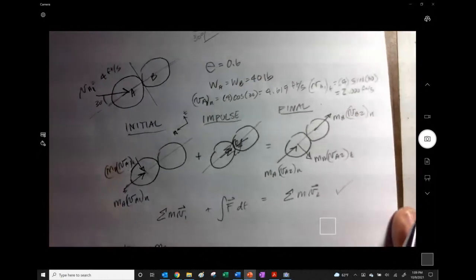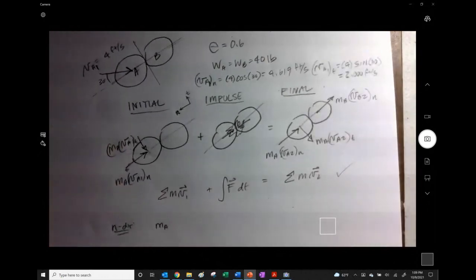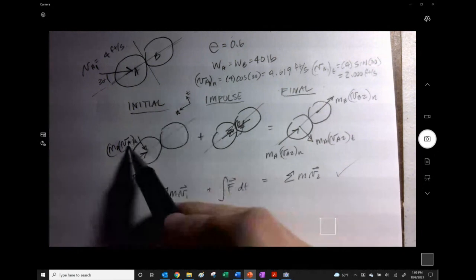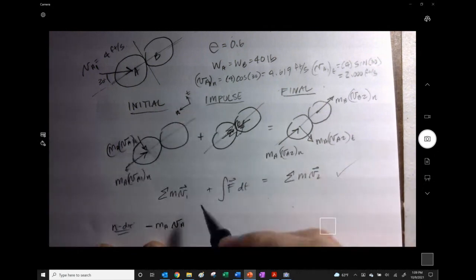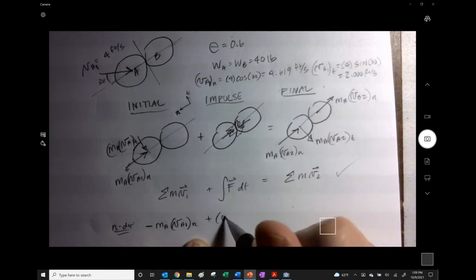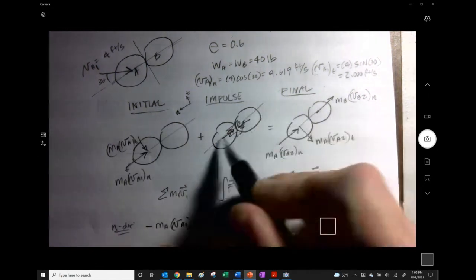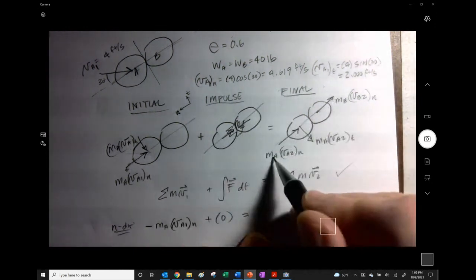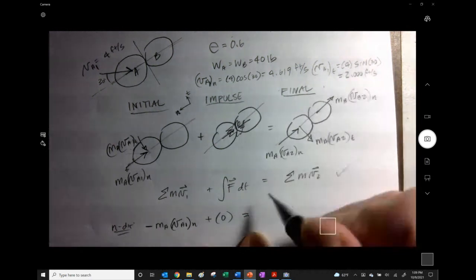Something maybe I would have done earlier on. So I go VA. Oh, and by the way, I should make it negative because for some reason I decided normal was that direction. I just happened to decide it, so we should stick with it. VA1N plus the 0, they cancel each other out in the normal direction, is equal to, and I decided everybody was negative here.